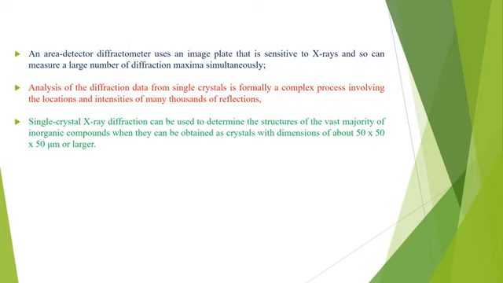Analysis of the diffraction data from a single crystal is formally a complex process involving the location and intensities of many thousands of reflections. But with advances in computation power, a skilled crystallographer can complete the structure determination of a small inorganic molecule in under an hour.